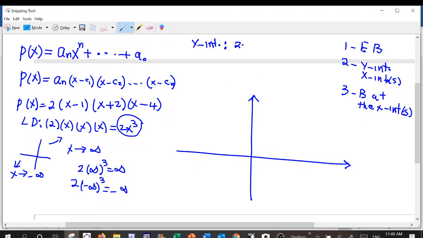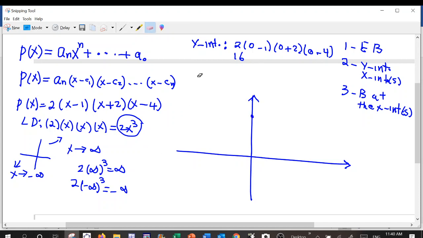So 2 times 0 minus 1 times 0 plus 2 times 0 minus 4. So that's negative 1, negative 2, positive 8 times 2 is 16. So let's put it over here, 16.